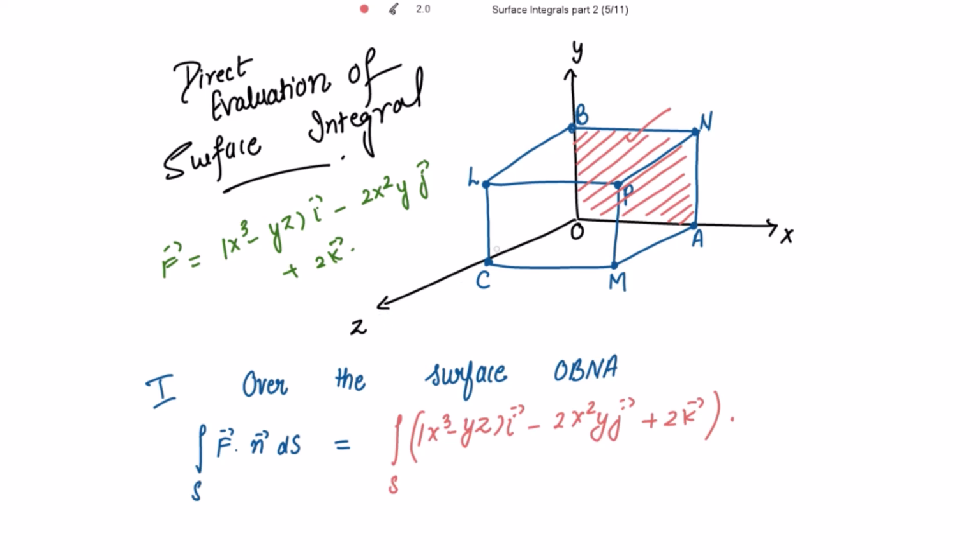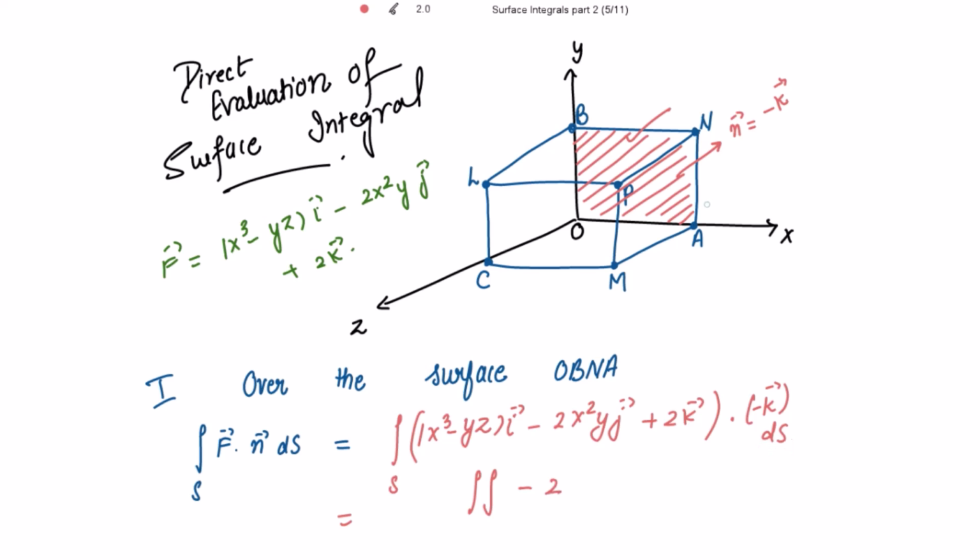So this is your z-axis. So this unit outward normal is drawn towards the negative z-axis. So N vector is equal to negative k vector. So this is minus k vector ds. So this is equal to the double integral, as we are having ds over here. So when taking the dot product, we get minus 2.